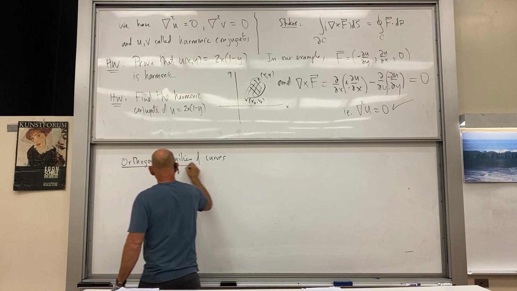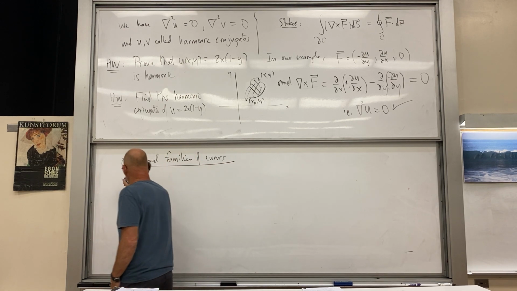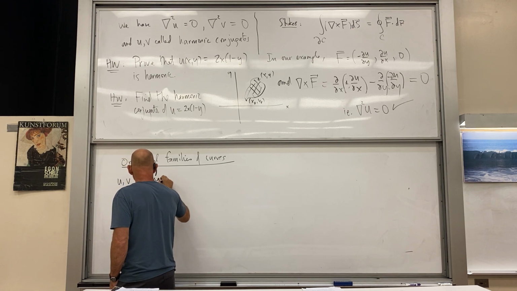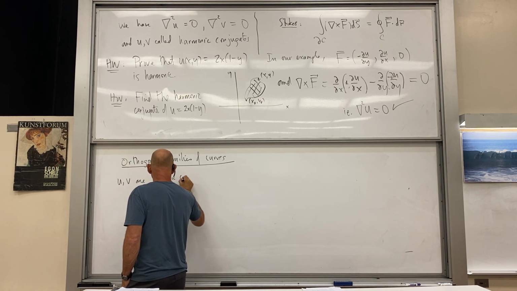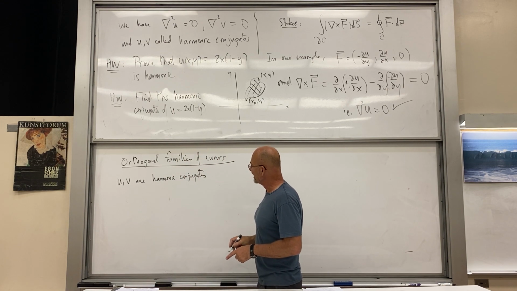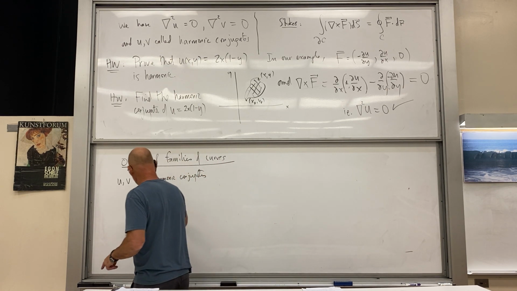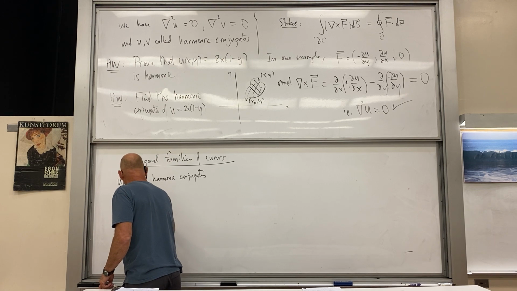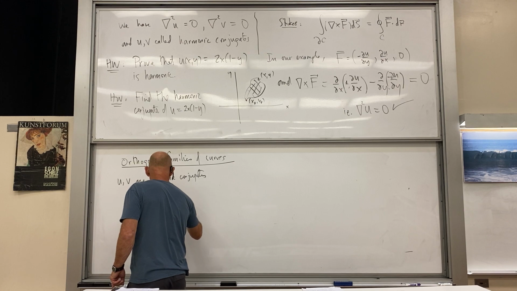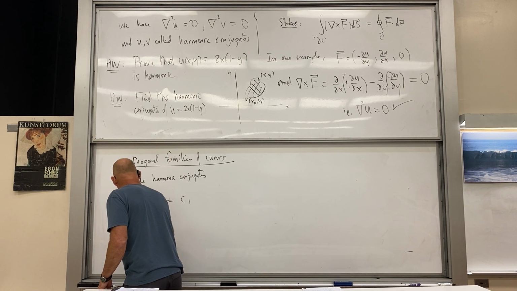There is a property now that, suppose you've got these u and v as harmonic conjugates, then you can take u of x and y_1 of x equals c_1.